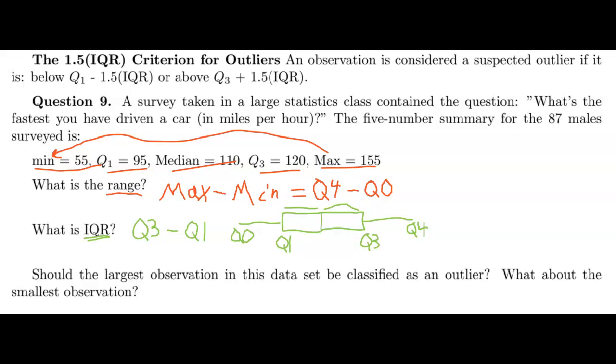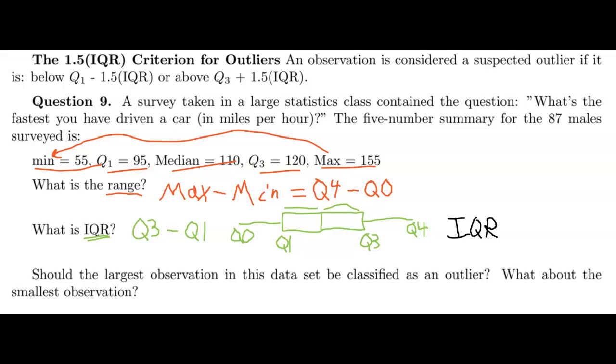So for this problem, let's just get the numbers done. The IQR, you're looking at it right up there. It's not a big deal. You might have to do it from a picture of a box and whisker plot.